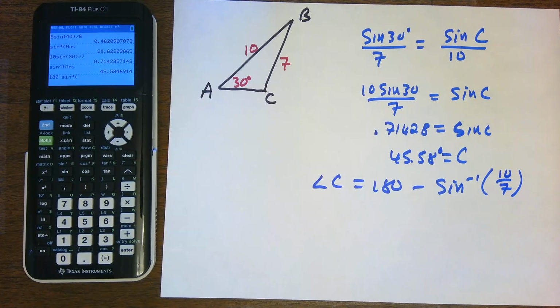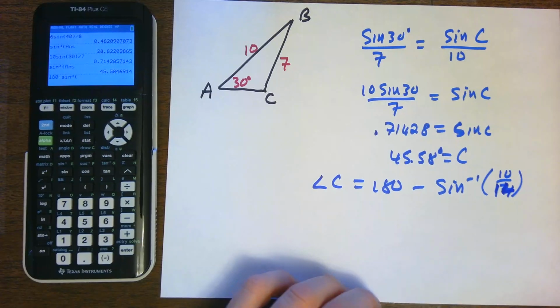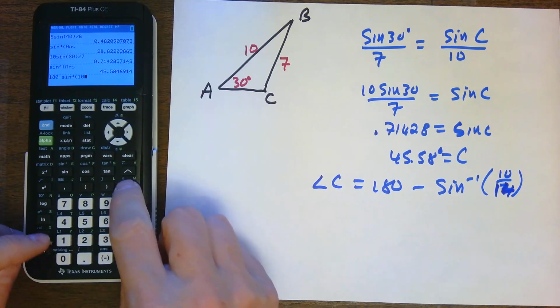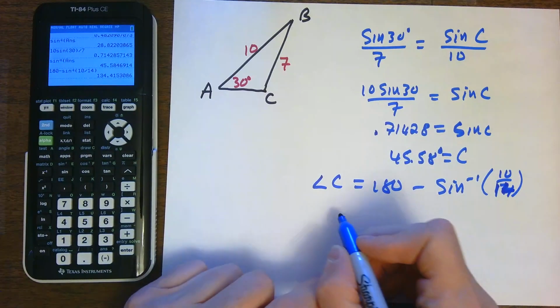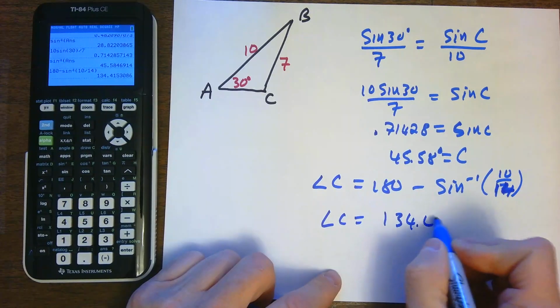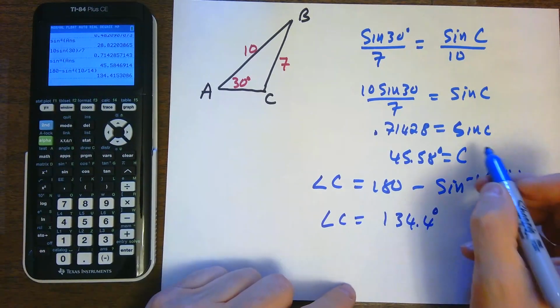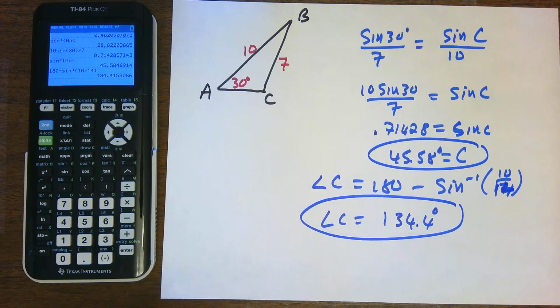That's not going to be right. Oh no, I'm sorry, 14, 10 over 14. There we go. So the other angle, angle C, could also equal 134 point, am I in degree mode? Yeah, I'm in degree mode. So I get two different possibilities for angle C.